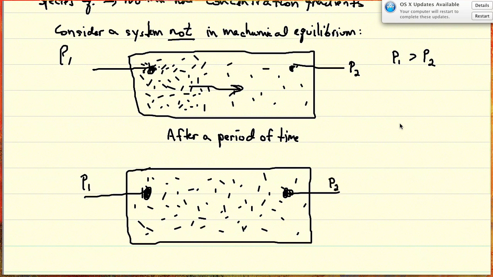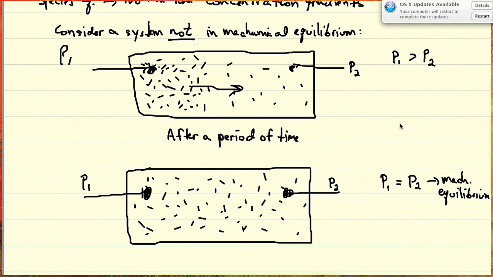Now they're equal. And now I have a condition of mechanical equilibrium.